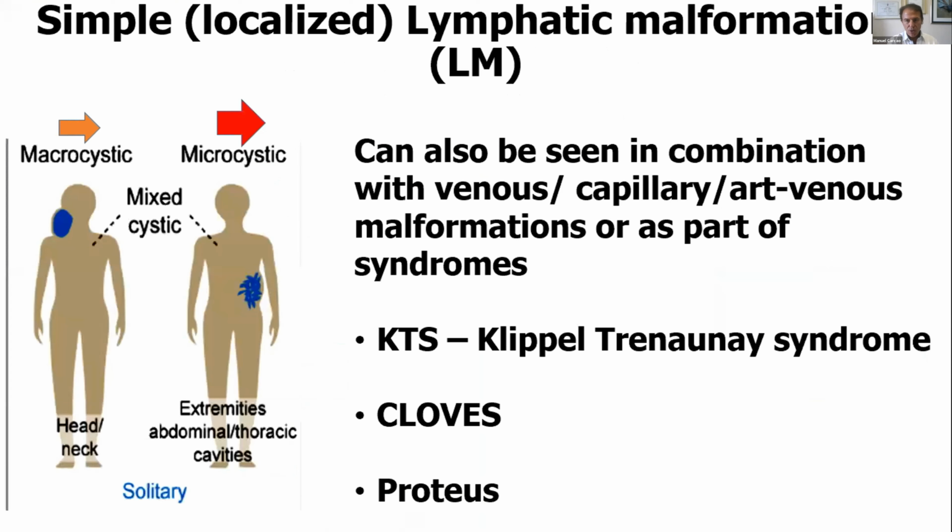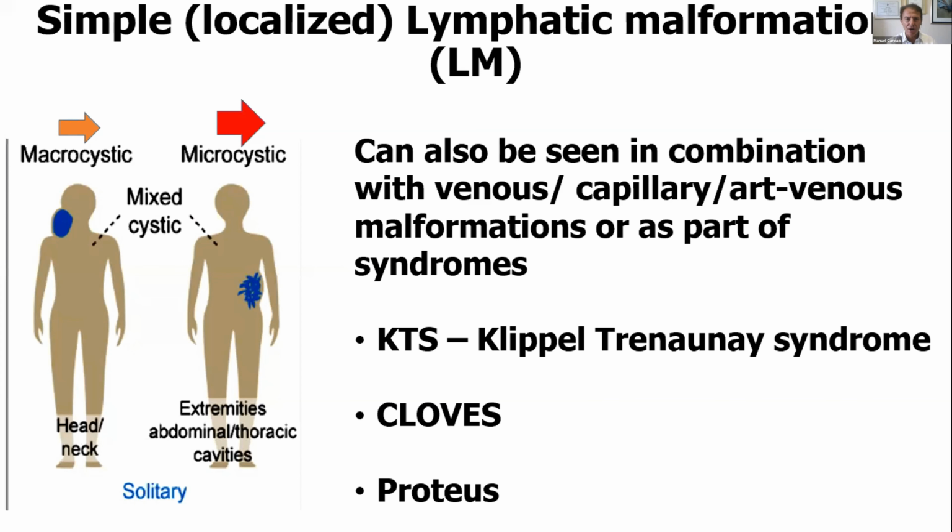Now, these simple localized lymphatic malformations can be anywhere. Often they're in the neck and the face region, as I showed you with these pictures. And here they tend to often be very macrocystic, but they can also be anywhere in your body, in the legs, the arms, the abdomen, the thorax. And here they tend to be microcystic.